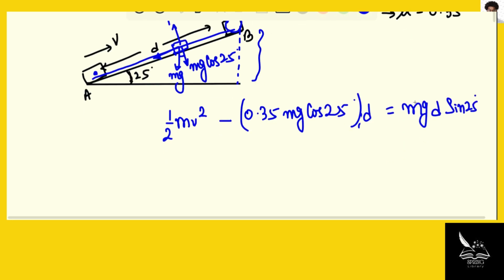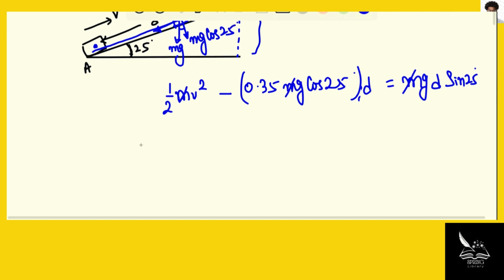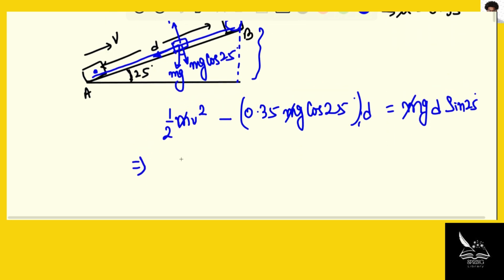So from here we can cancel m from both sides, and putting the value of v here, we get 25 by 2, that's 12.5, minus 0.35 times cos 25, which is approximately 0.317, and that we multiply with acceleration due to gravity, which is 9.81.